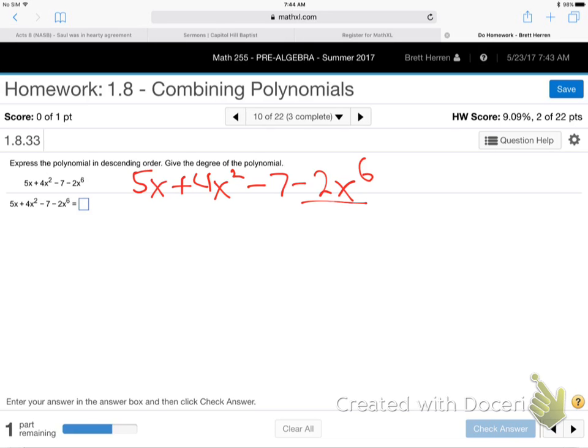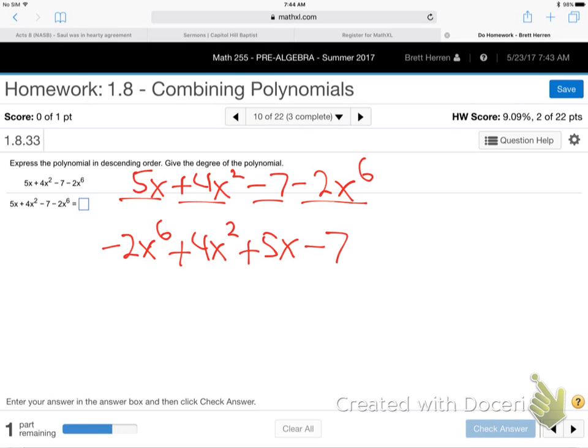So this guy goes in the front, followed by this guy, followed by this guy, followed by that guy. Is that good? Highest power to lowest.